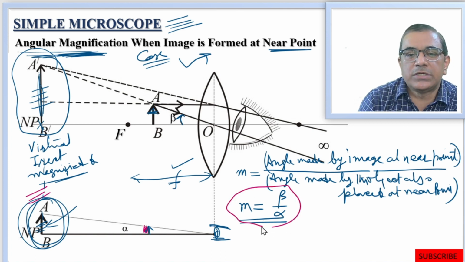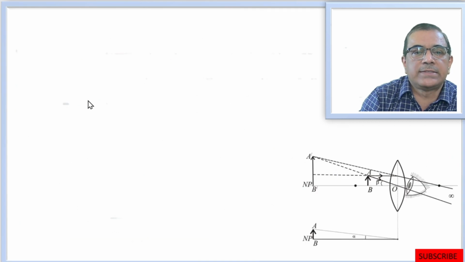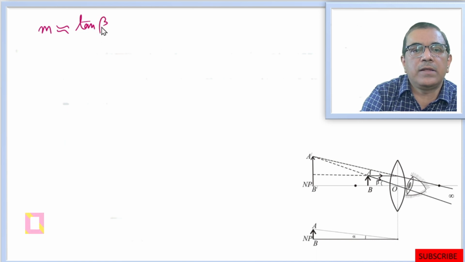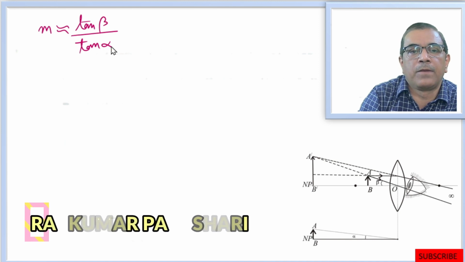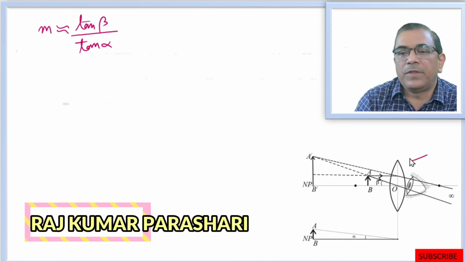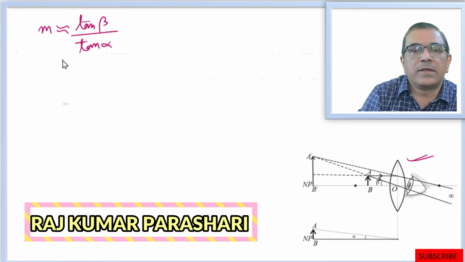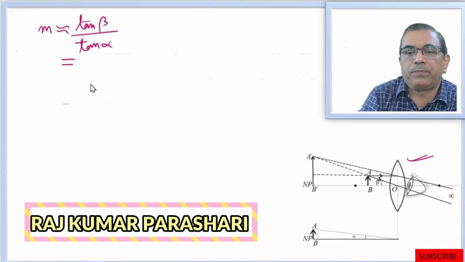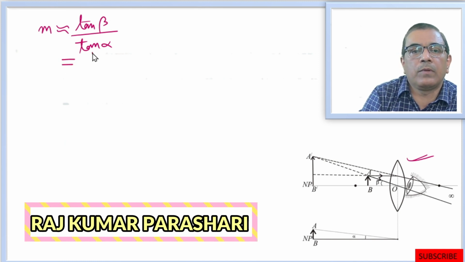So this equation can be rewritten as m is approximately equal to tan beta upon tan alpha. And as you can see from this diagram, tan beta is equal to A dash B dash by OB dash.